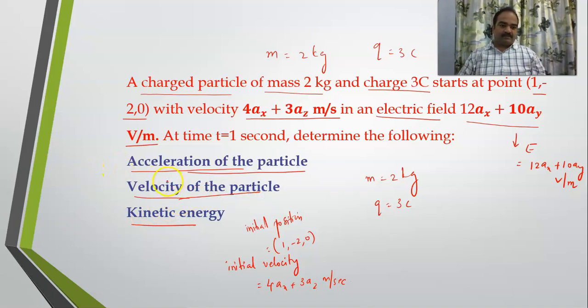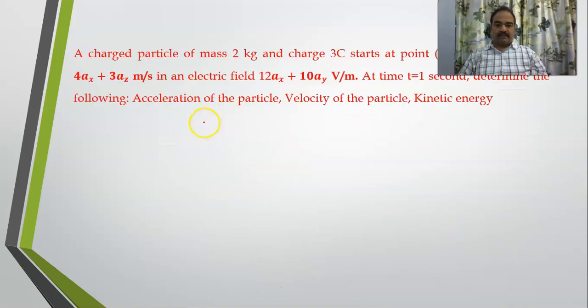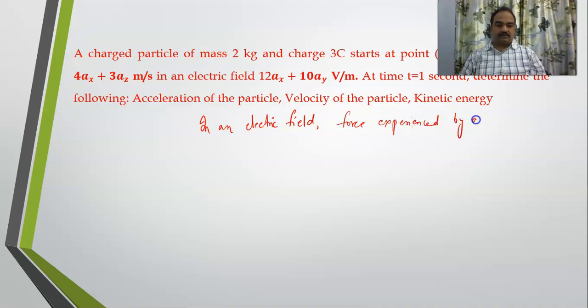These types of problems are basic kinematics problems. If you see, there is an electric field and the charge is moving in this field. Since there is only electric field, we know that the force experienced by any charge in an electric field is F is equal to QE, right?